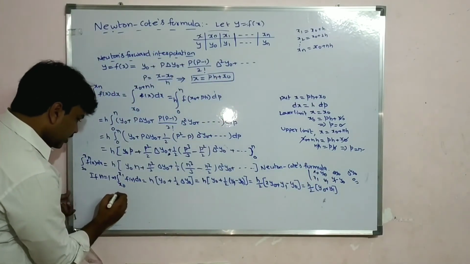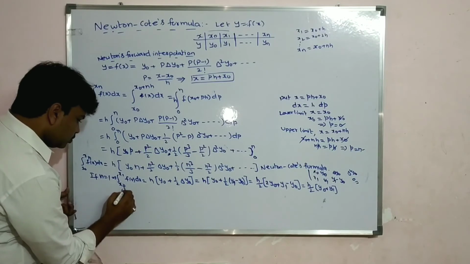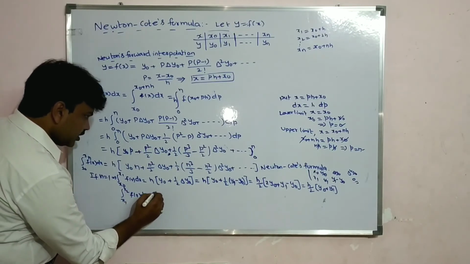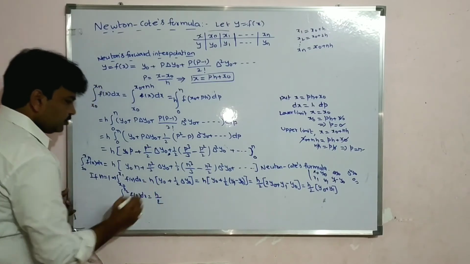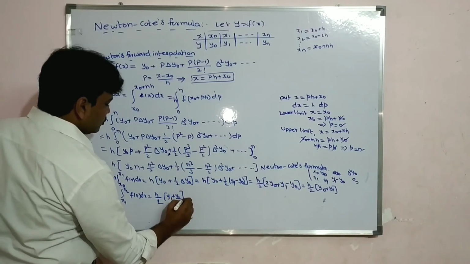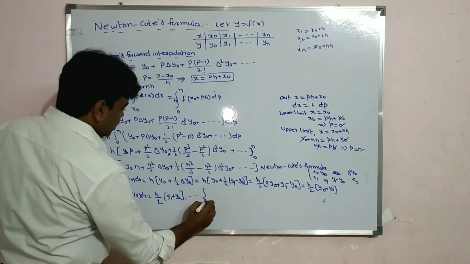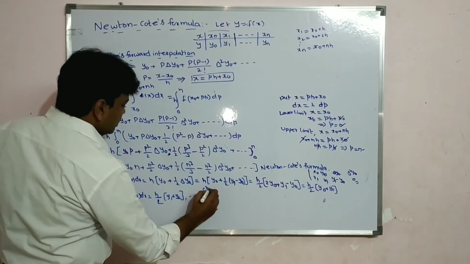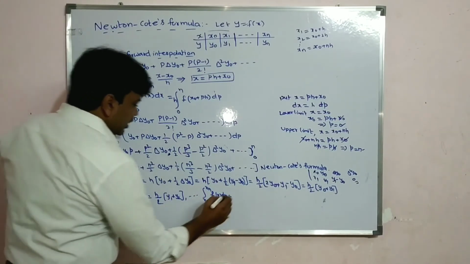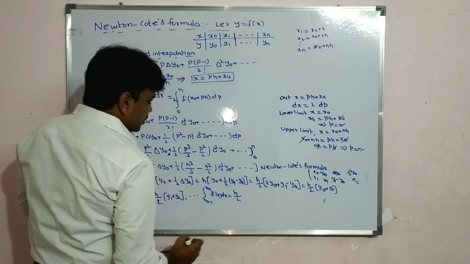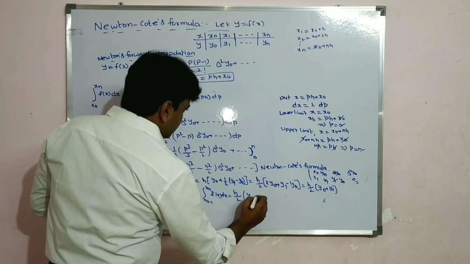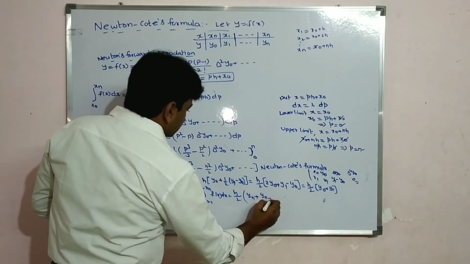Now I want to take the integral x1 to x2 of f of x dx. Come on, tell me, students: h by 2 into y1 plus y2, and so on, up to the integral xn minus 1 to xn of f of x dx, which is h by 2 into yn plus yn minus 1.